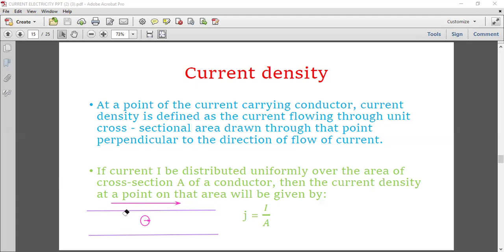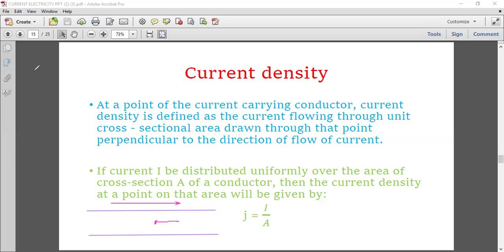Let me take this again. Suppose you have to determine current density at this point. So we will assume a unit cross-sectional area. What is the direction of current? The direction of current is this.